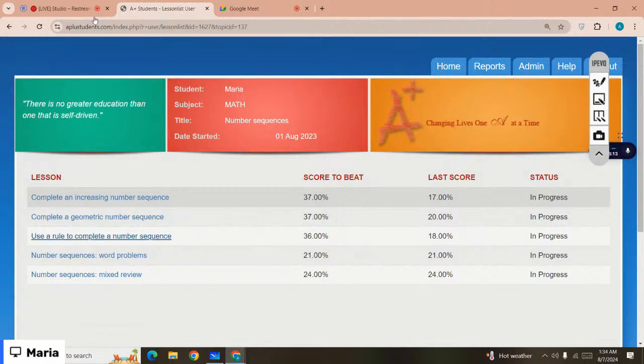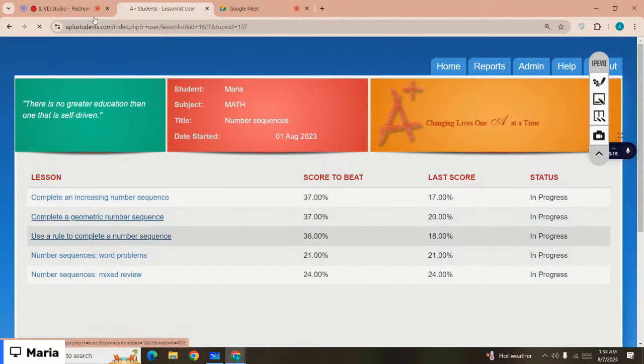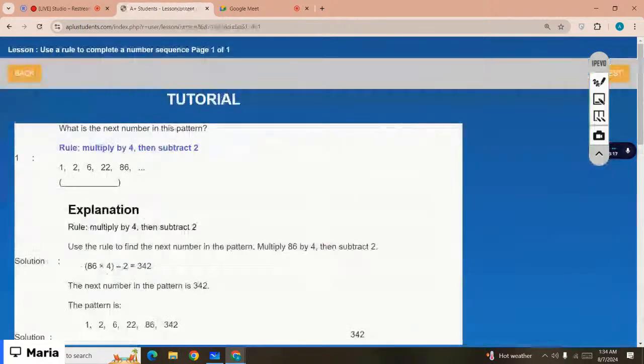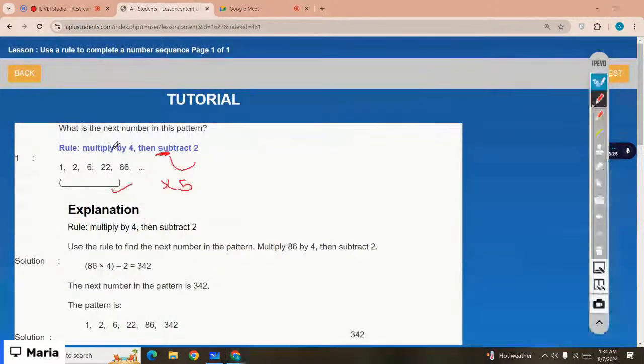The next one is use a rule to complete a number sequence. So let's just start with the next lesson. What is the next number in the pattern? So you are given the rule. You don't need to find the rule. You just have to use the rule and find the next number. That is, you have to multiply by 4 and then subtract 2.